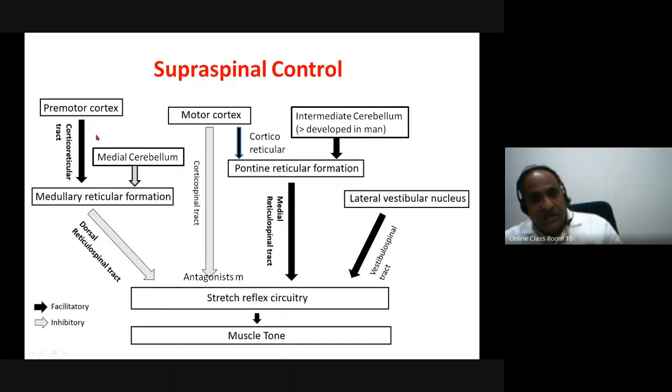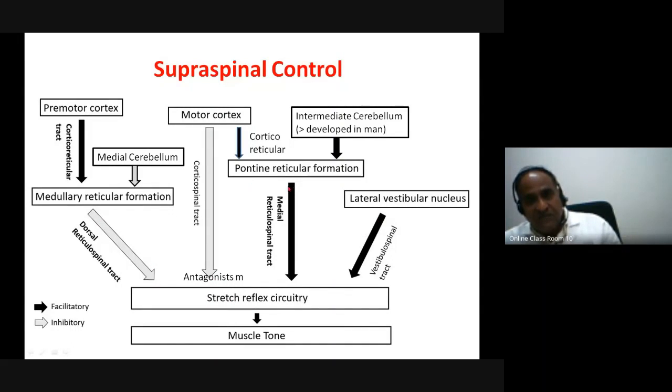Then comes the premotor cortex. When it is activated, it will activate the medullary reticular formation. This medullary reticular formation descends down and inhibits the gamma motor neuron activity. By decreasing the gamma motor neuron activity, they decrease the stretch reflex activity and they decrease the tone. This decreases the tone.